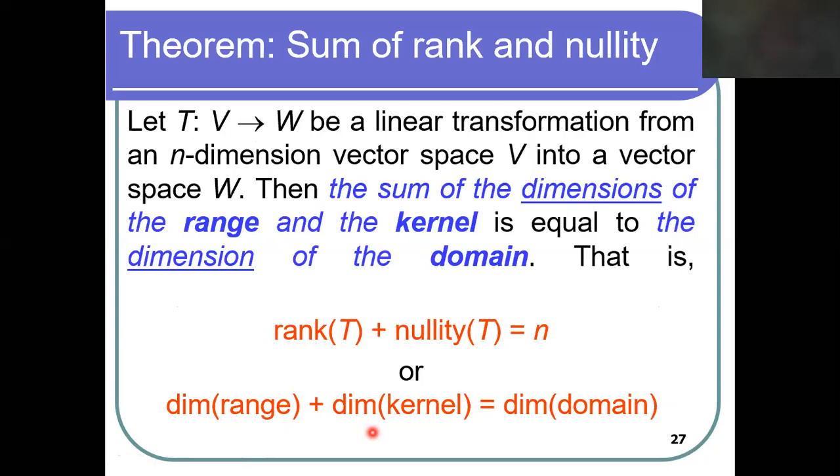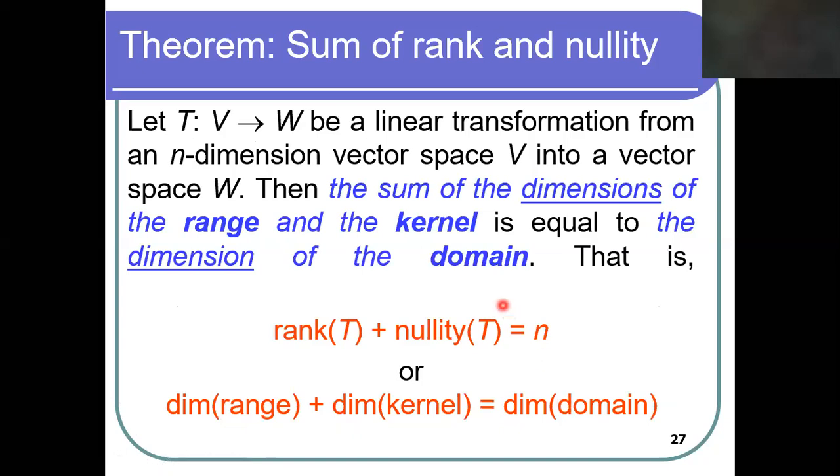This is one of the very fundamental and important theorems that connects the dimension of the kernel space and the dimension of the range, or the column space, with the dimension of the domain.